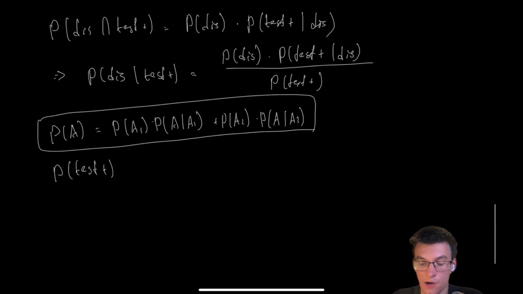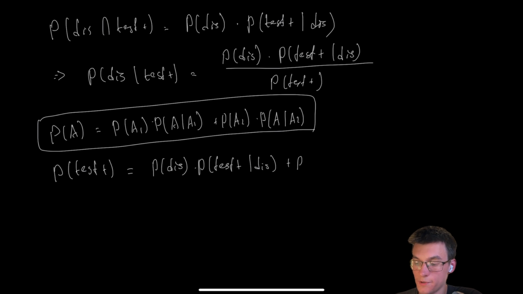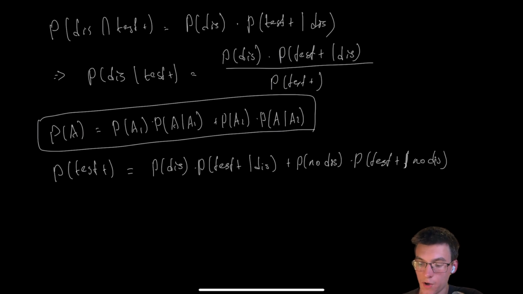Let's expand our probability of a positive test, which equals the probability of having the disease times the probability of a positive test given the disease, plus the probability that we don't have the disease times the probability of a positive test given that we don't have the disease. So in this case, our A1 is disease, A2 is no disease, and our A is a positive test. So we calculated the probability of a positive test based on the aforementioned formula.